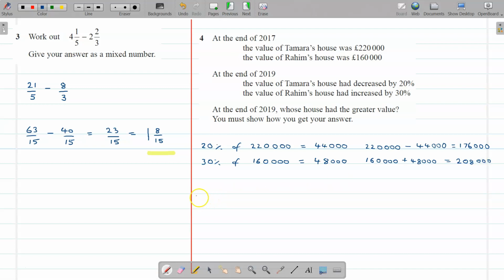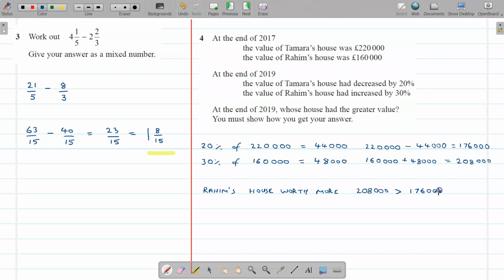And then I've got to just make a conclusion. So the second house, Rahim's house, is worth more. Okay, and I've just got to say Rahim's house worth more, and then just some kind of comparison, like because 208, I know it's very obvious really, 208,000 is greater than 176,000.